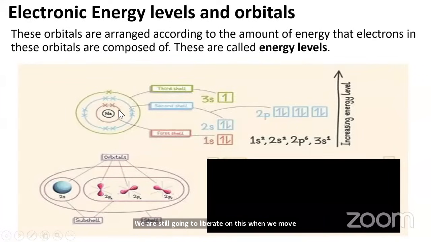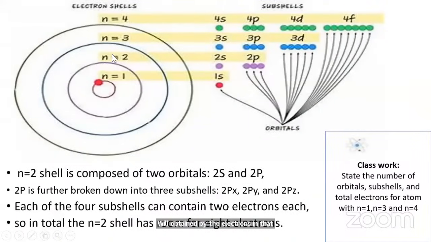So the orbitals are where you have your electrons, and you determine where your orbital is depending on the amount of energy obtained by the electrons in that orbital. This is more explanatory in this slide. Like I said, the energy levels are designated by the small letter n.